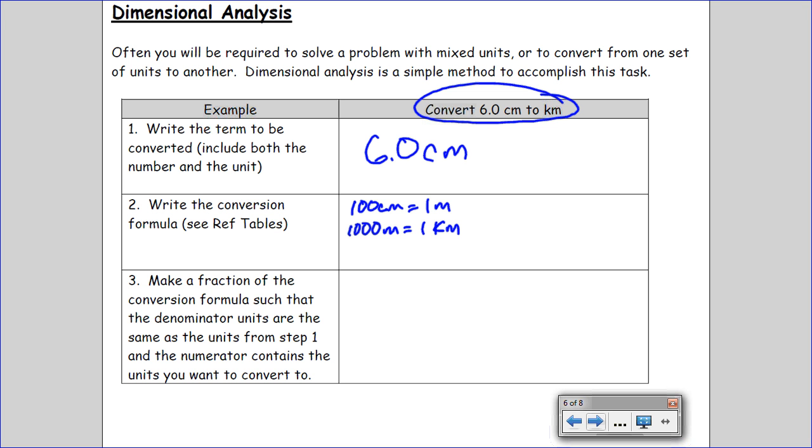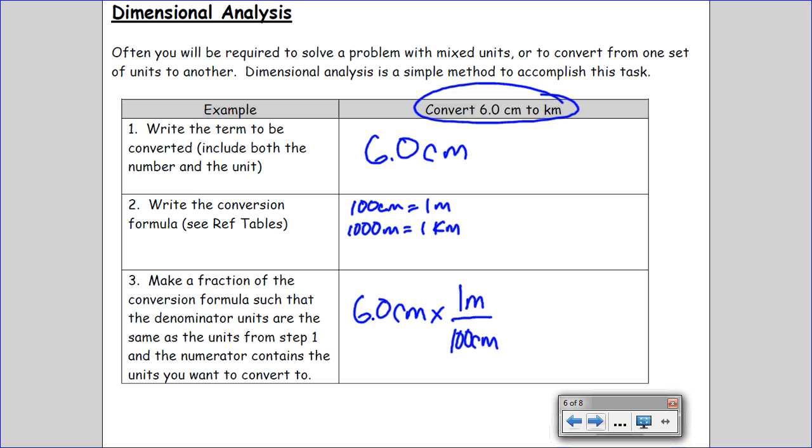So in step number 3, it says make a fraction of the conversion formula so that the denominator is the same as the units from step 1. So we're going to start with this first one. We're going to convert centimeters to meters, and then we're going to go meters to kilometers. So I'm going to start here: 6.0 cm multiplied by 1 meter over 100 cm.